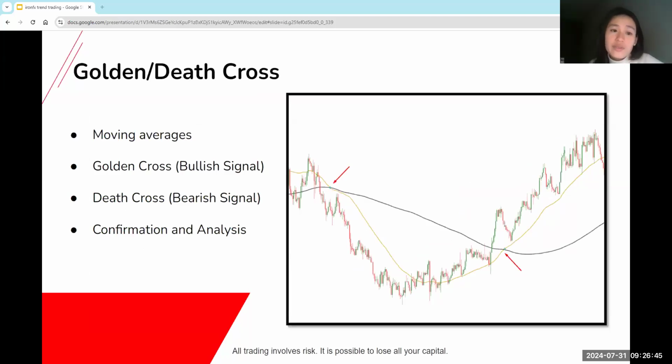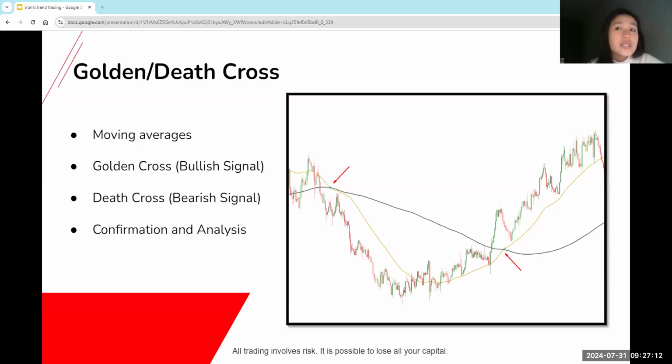So next we have the golden or death cross. The golden cross is a trading strategy based on the intersection of two important moving averages on the chart. It's a term used to describe the point at which a shorter term moving average crosses above the longer term moving average.